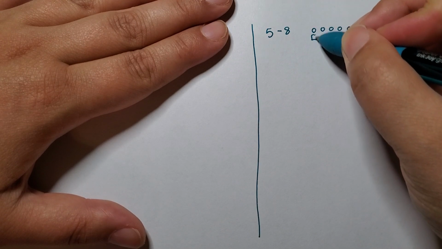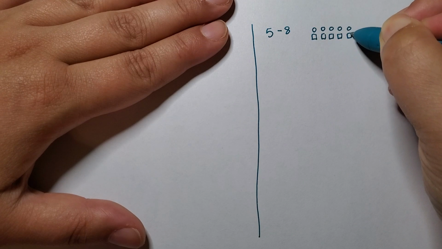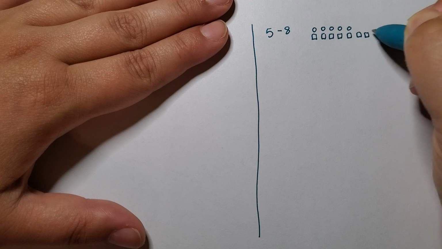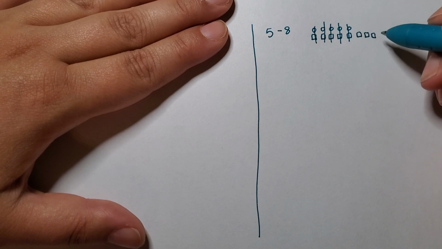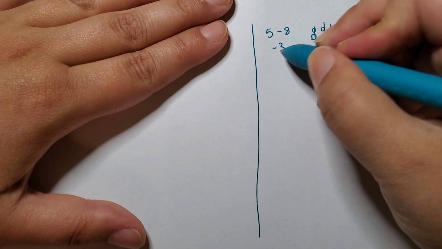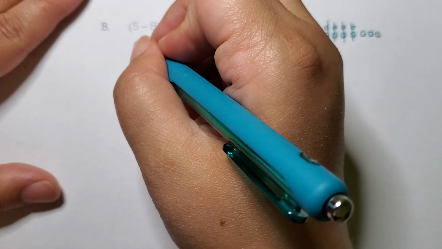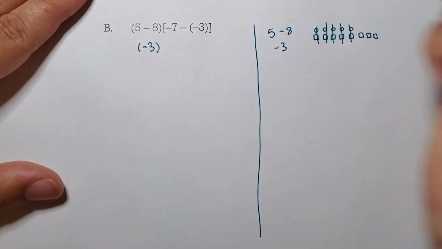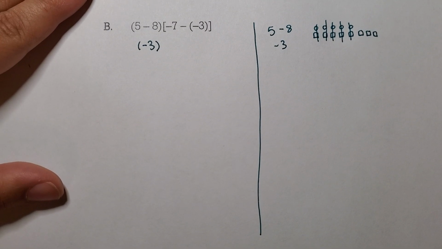So I'm going to have 8 squares. All right, the battle ensues, and we're left with 3 squares. That means we get a -3. So over here, we have -3. And I'm going to choose to keep the parentheses, but you don't need to.